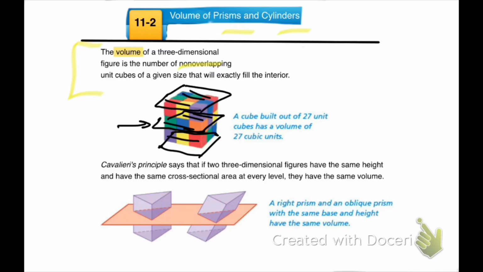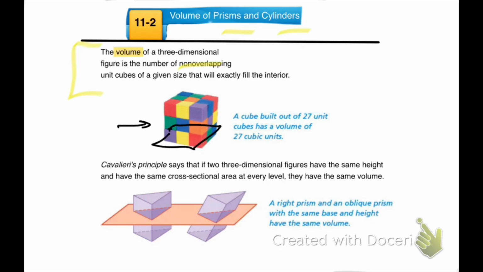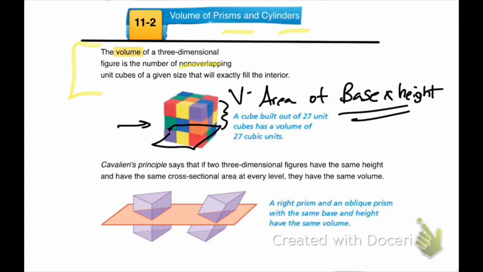So really what I'm going to be doing is just looking at the area of the base. I'm just going to stack that area on top of each other, a total of 3 times. So all I got to do is the area of the base times the height, and that would give me the volume.